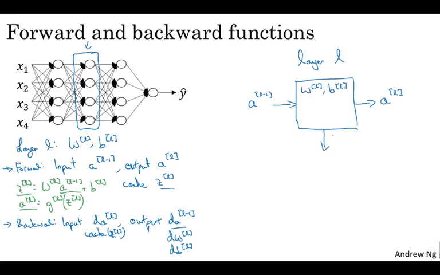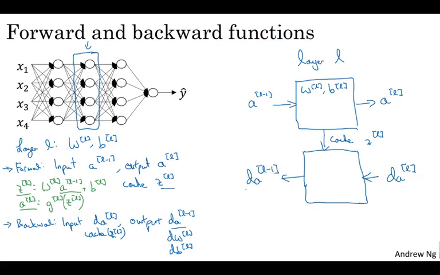And it'll also output a cache, which contains ZL. Right? And then the backward function, used in the back prop step, will be another function that now inputs dA of L and outputs dA L-1.